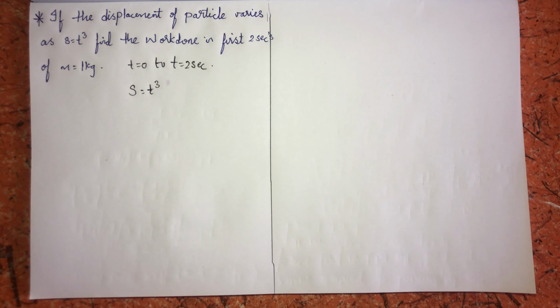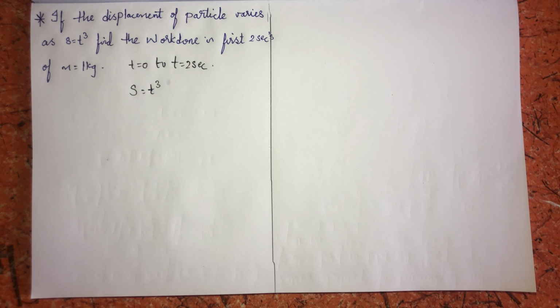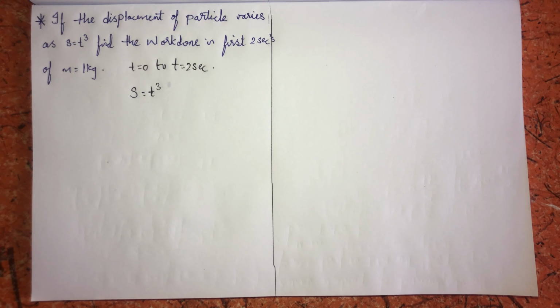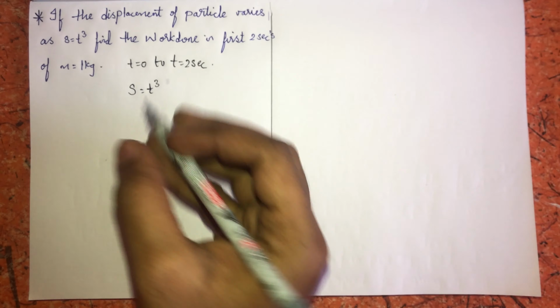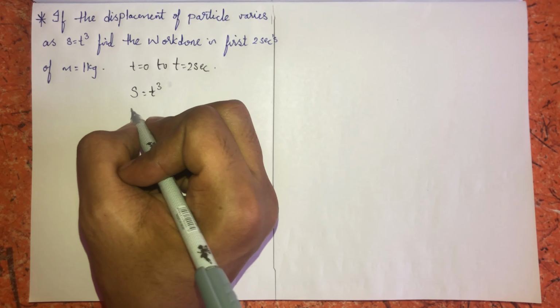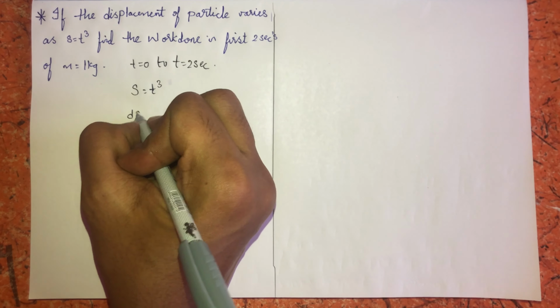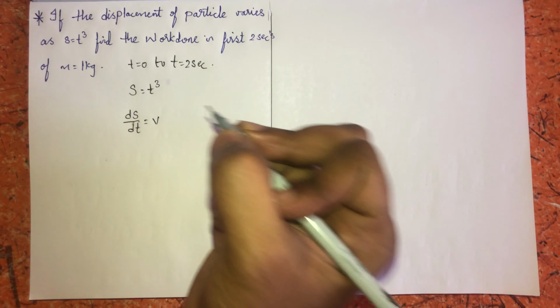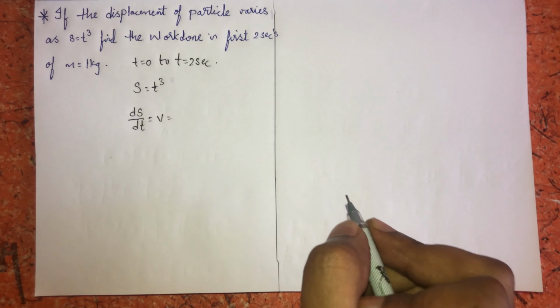Here we are able to get velocity by differentiation of displacement by dt. So differentiation of displacement by dt, we get velocity. Then how to do differentiation?